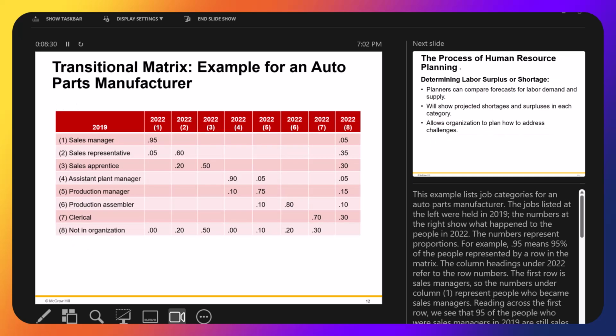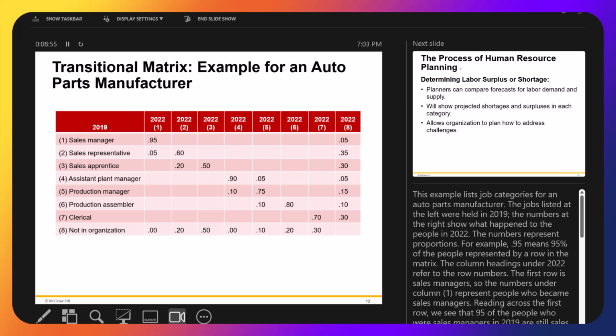So looking at this, here is a transitional matrix example for an auto parts manufacturer, 2019 going up to 2022. This list is the job categories for this auto parts manufacturer.